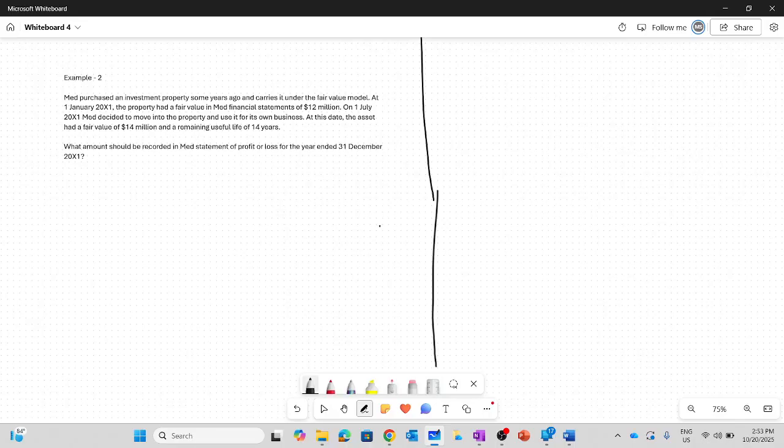So now let's understand the timing. From January 20x1 to the 30th of June 20x1, we are going to account for this property as investment property. So we need to revalue the asset as at the 30th of June 20x1, so we know the exact value and the amount we are going to show in the statement of profit or loss as at the 30th of June 20x1.